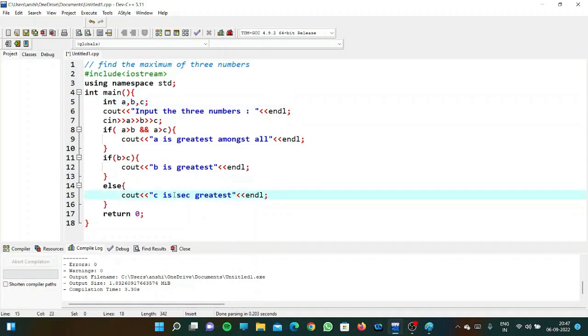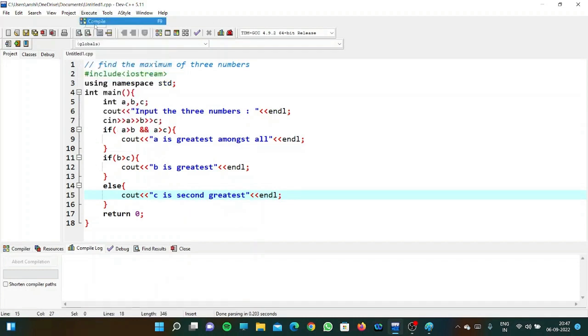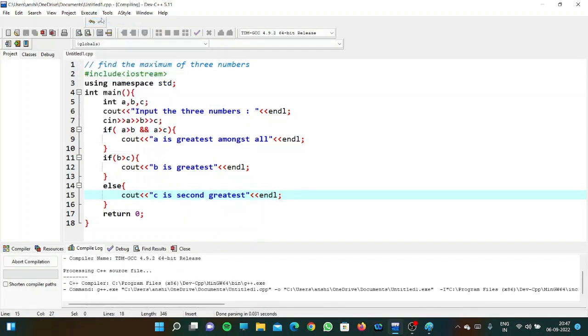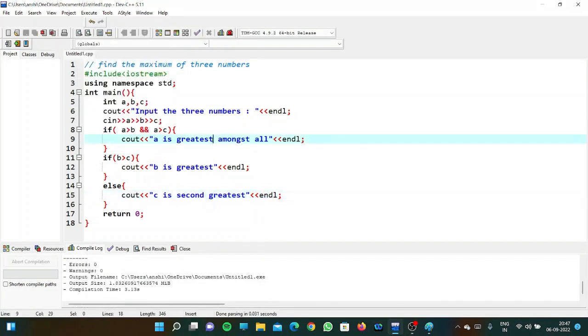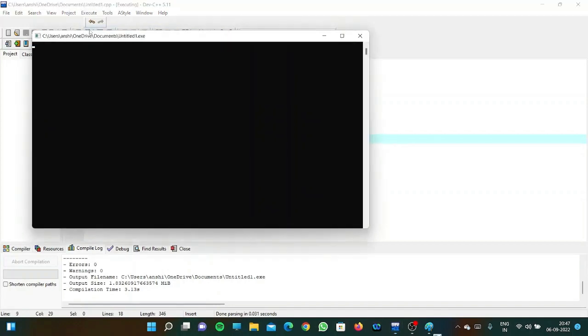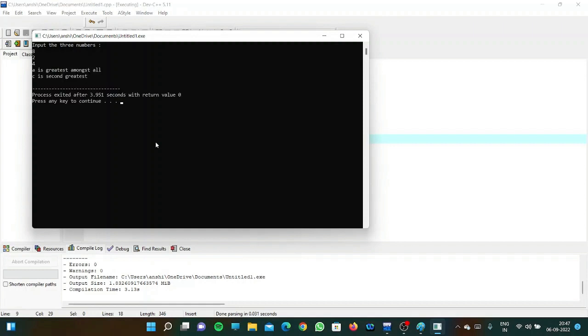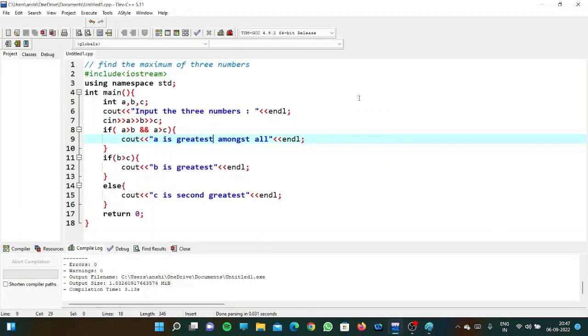Okay, C is second greatest. Sorry, I put the print statement wrong. Now we'll run again. A is greatest amongst all, C is our second greatest, and B is the last. So this was maximum of 3 numbers.